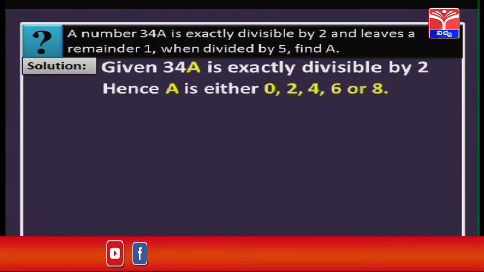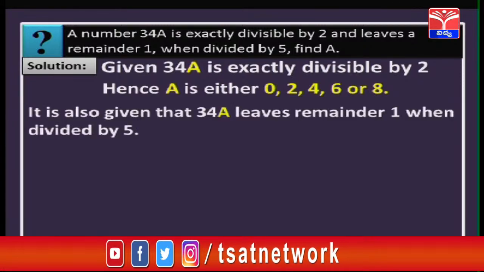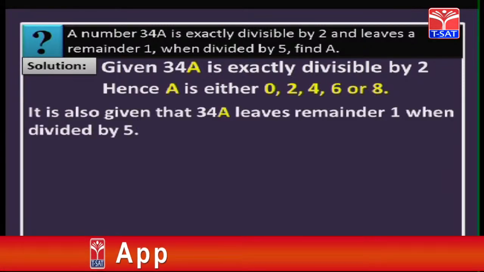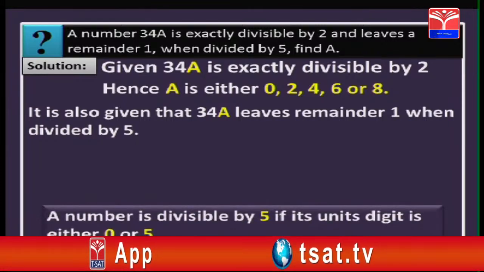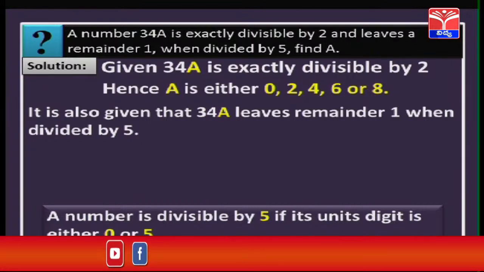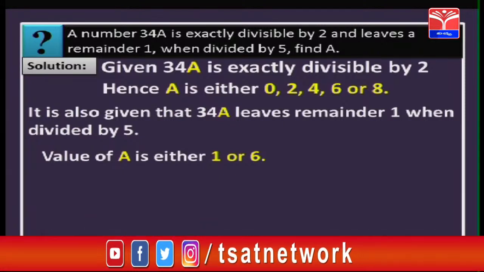So, hence A can be either 0 or 2 or 4 or 6 or 8, and it is also given that 34A leaves remainder 1 when divided by 5. That means, we already know that a number is divisible by 5 if its unit digit is either 0 or 5. Hence, I can write A can be either 1 or 6, because 0 and 5 are ruled out.